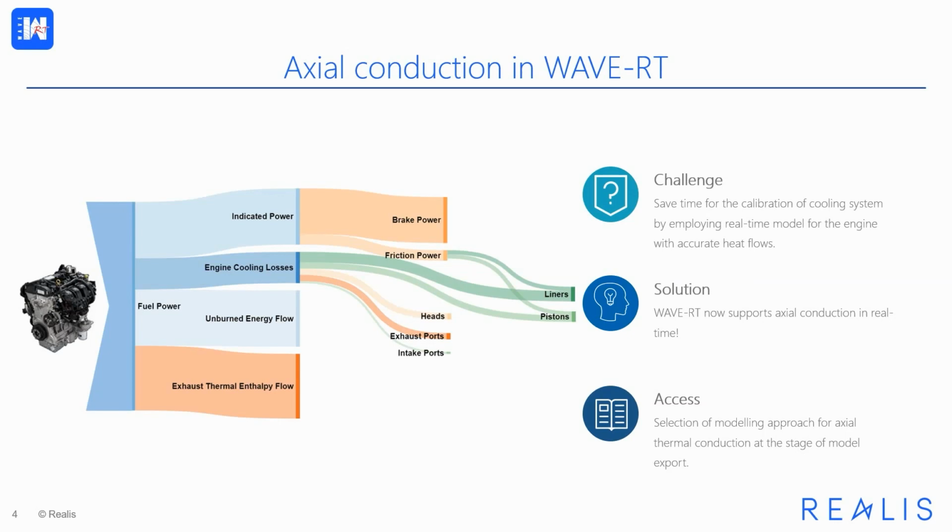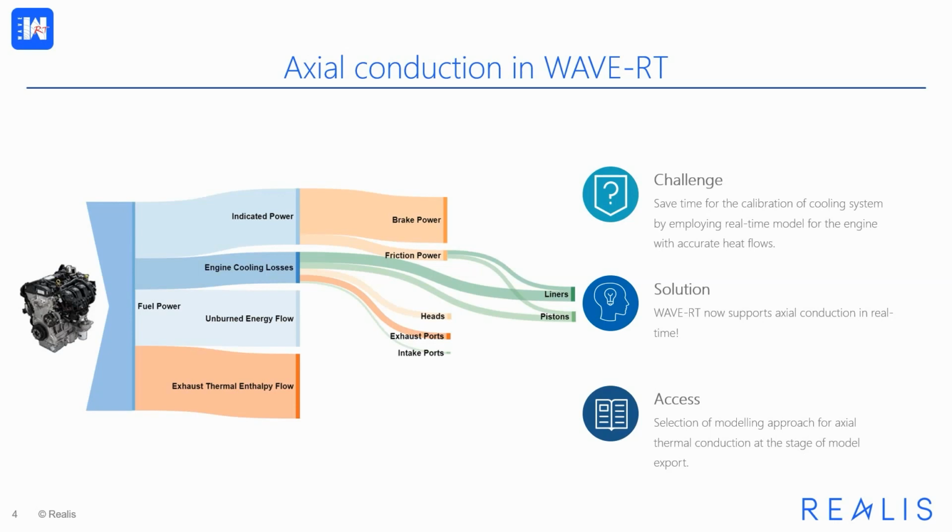To enable this application, we need to be able to capture the heat flows through the engine block accurately while keeping real-time performance of the model. The solution comes in the form of enabling axial conduction in WaveRT with minimal penalty on the run speed. This new feature ensures accurate thermal response can be obtained, not only for the cylinder head but also for ports, notably for the intake port part of the engine block.